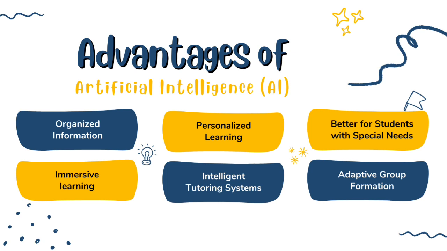And the last, adaptive group formation. Artificial intelligence can be used to help students learn more effectively. It does this by assigning each student a unique learning plan based on their progress and abilities, which means that it is possible for everyone in the same class to receive different instruction depending on how they are doing with particular skills or concepts.